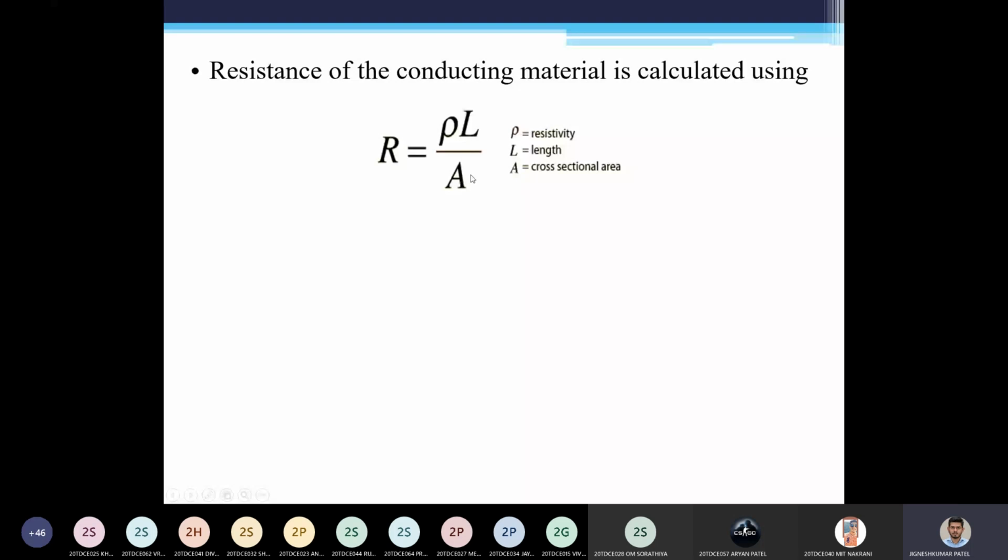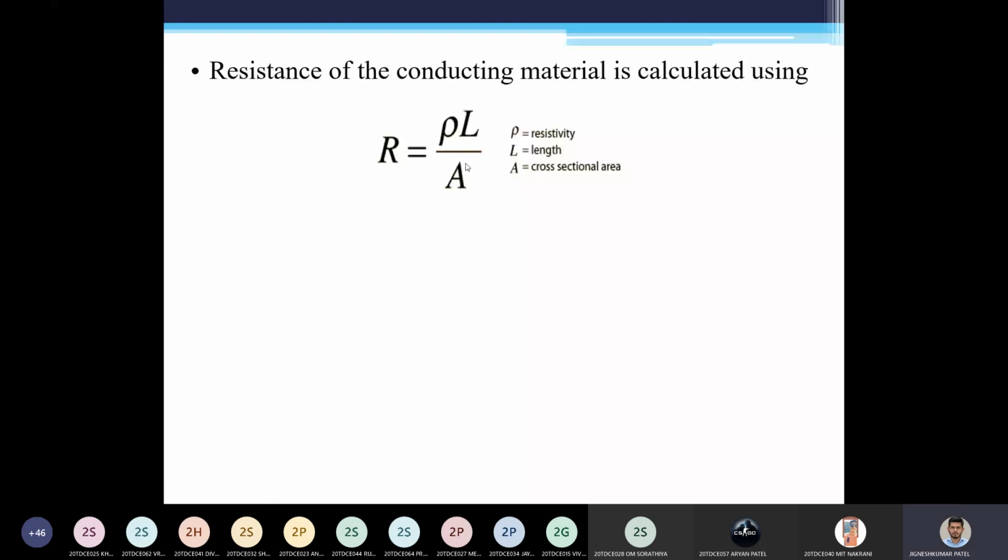Otherwise, if any of these three changes, immediately your resistance will change and Ohm's law will fail, because you are changing the resistance itself. V is proportional to I, depending on R. R is constant, we say. But if you change R itself, that constant value is changing, and a constant can change. So Ohm's law will always be followed if the object is the same and its physical aspects do not change.